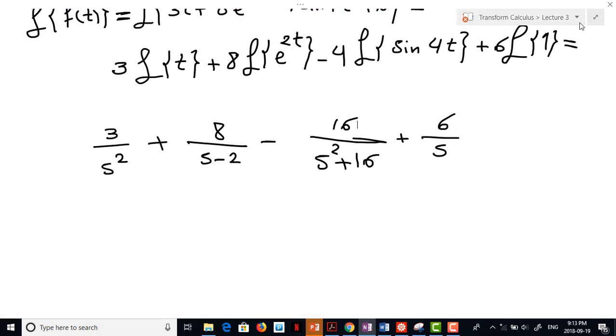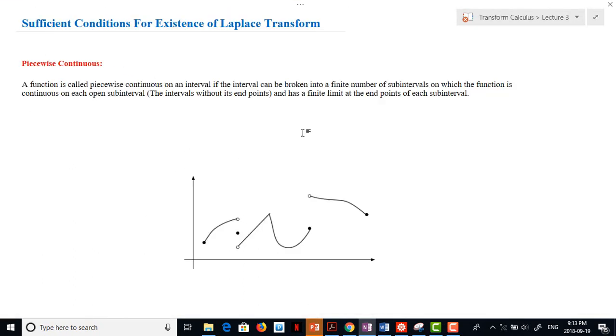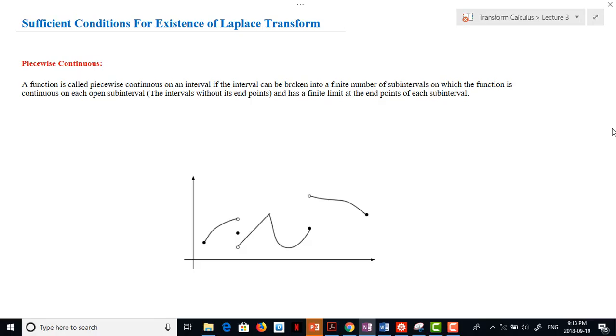So now we go through the next part. In this part, we want to talk about sufficient conditions for existence of Laplace transform. In order to know sufficient conditions of Laplace transform, we have to know two concepts. The first one is piecewise continuous function. So we have to know what piecewise continuous function is.